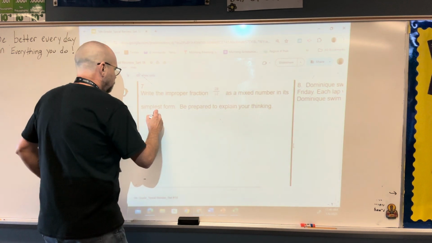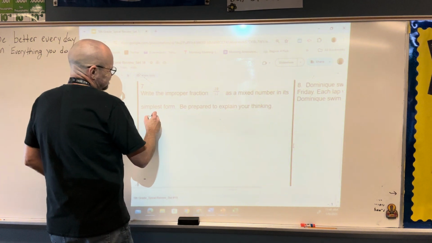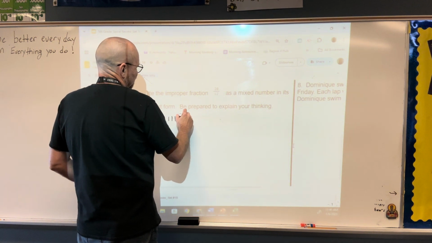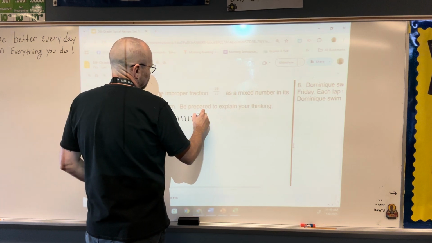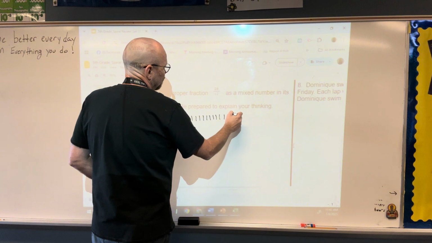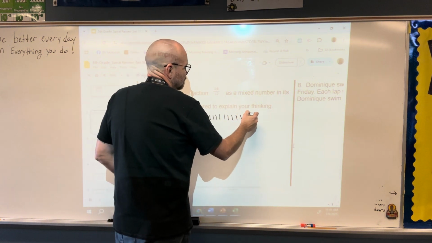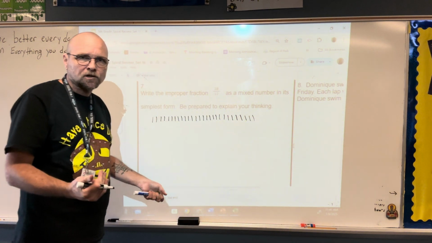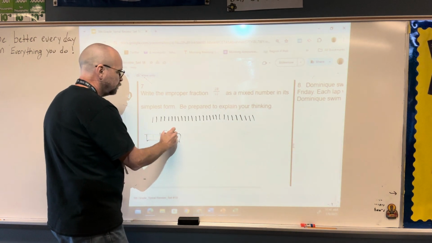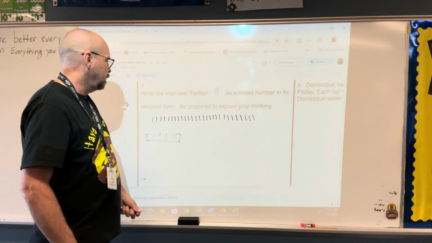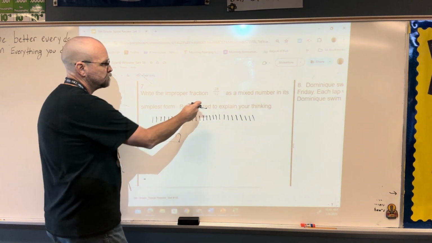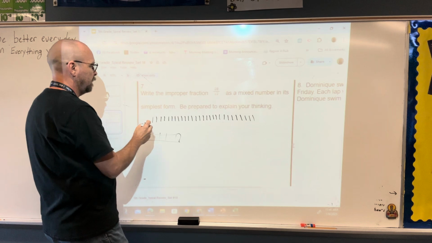We could count 1, 2, 3, and so on up to 28, or I could make a picture with a bar divided into 12 and see how many I need. So there are different ways.